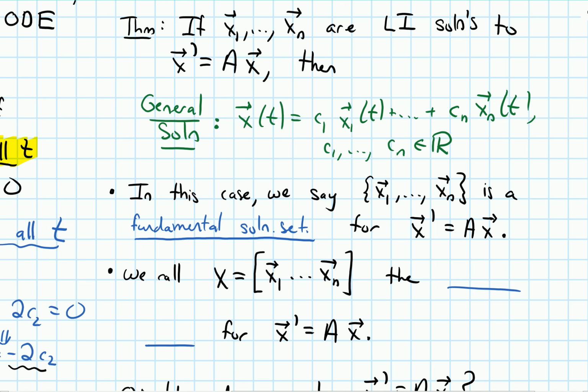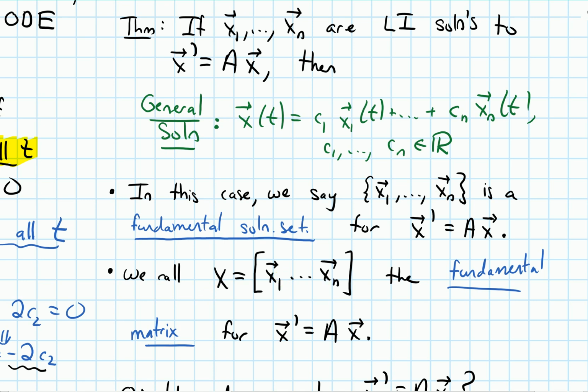If I call that matrix X, this is called the fundamental matrix for this system of differential equations, x prime equals A times x. So this is just a little bit of terminology. The fundamental solution set is our set of those n linearly independent solutions, written in set notation. And if we put those n linearly independent solutions as columns in a matrix, that matrix is called a fundamental matrix.